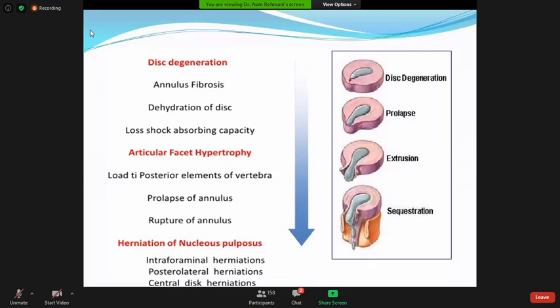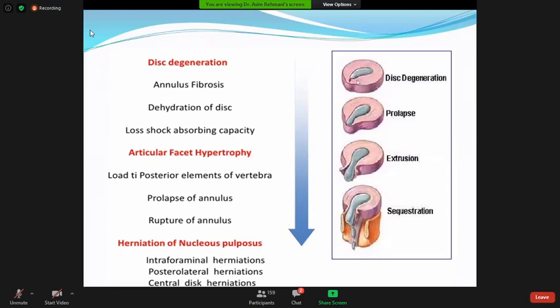In this picture, you can see the stages of only one part of spondylosis, that is disc degeneration. To understand disc degeneration, we have to know the anatomy of the disc. The intervertebral disc is composed of two main components.